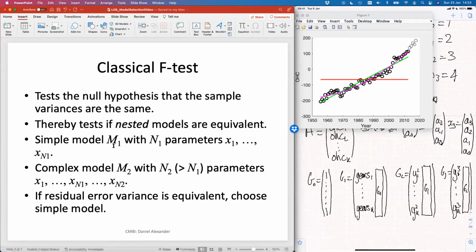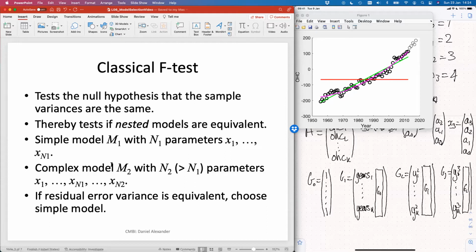So it is a generalization of model M1 that simply adds to the existing list of parameters that model M1 already has. And the idea is that we test the hypothesis that the residual error variance is the same from these two models. Only if we can reject that null hypothesis that those two variances are the same, can we justify choosing the more complex model M2.